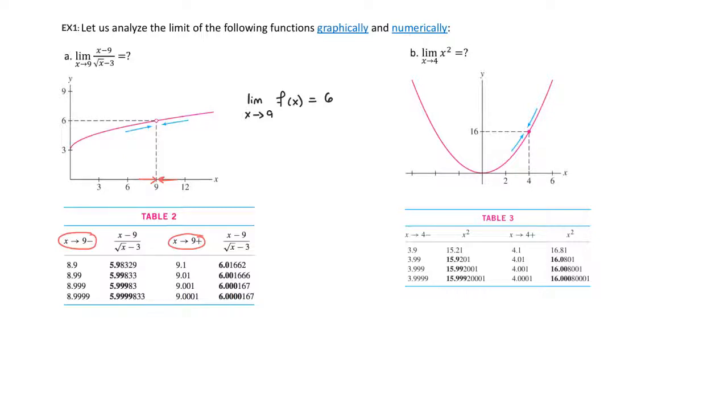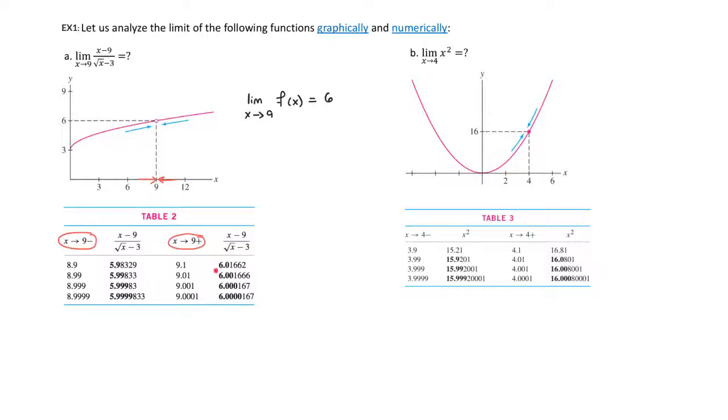On the other side, now the x values, look at them. They're approaching 9 from the right. So for example, 9.1, 9.01, 9.001, and so forth. So if you now focus on the y values, you're going to see 6.01, but then the next y value over here gets smaller, 6.001, and even smaller, 6.0001.